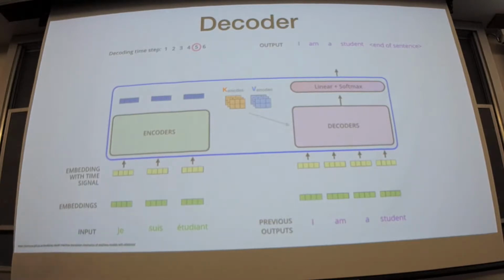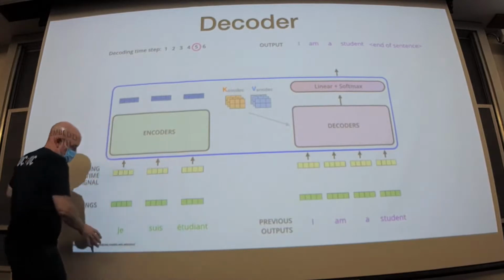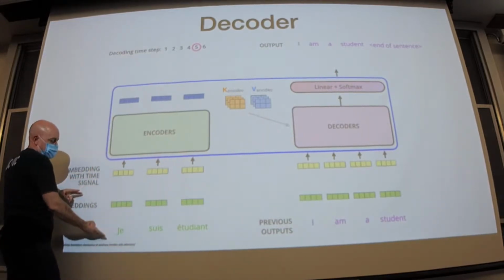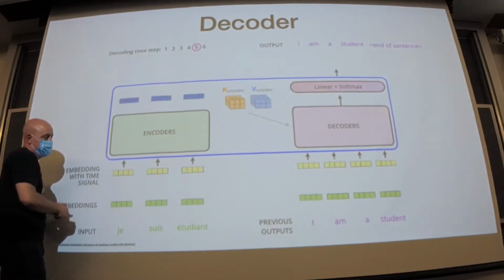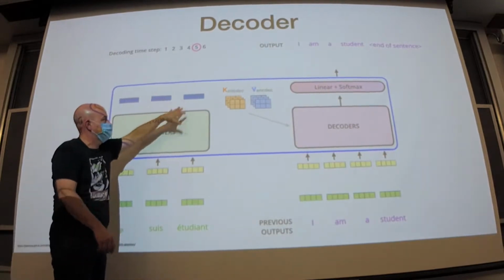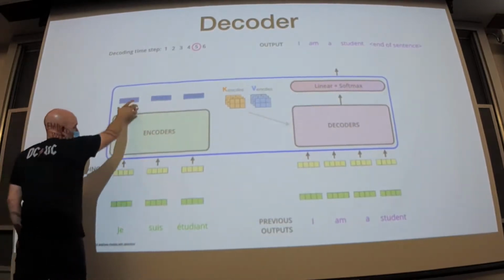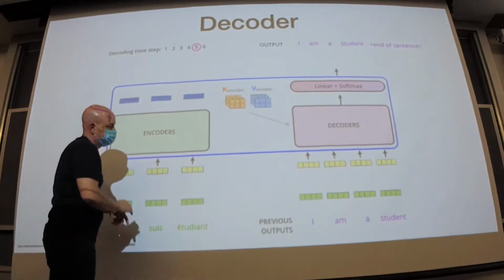So now what do we do in the decoder? How does this all work? Well, during training, for this neural translation task, the machine translation task, we have our phrase in French, and then we run through our many layers of encoding, and we get out this output. Again, one vector representation for each of the original tokens.